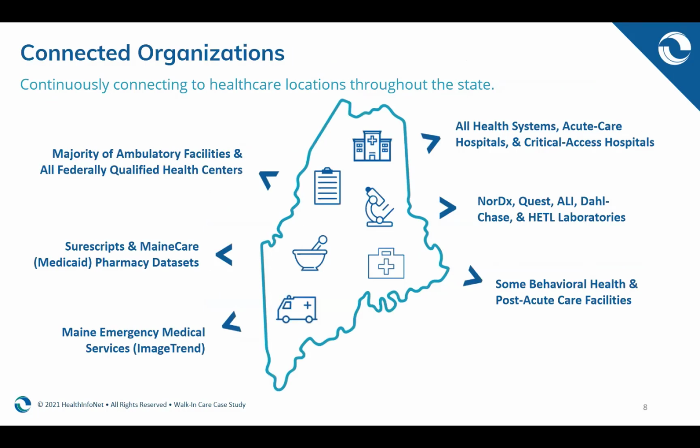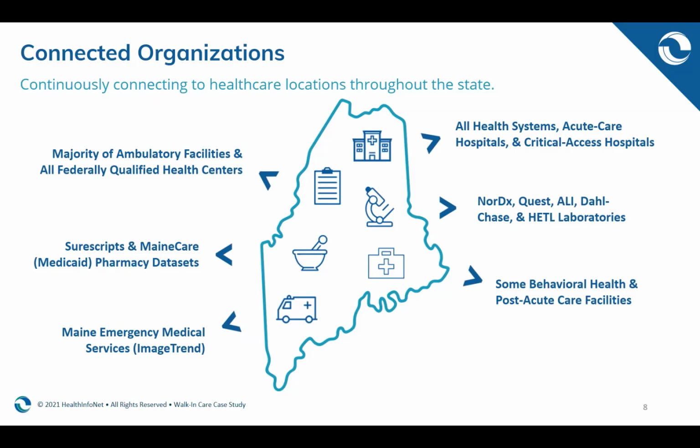We wanted to share with you who the Health Exchange is connected to. These are the connected organizations in Maine, and they include all the healthcare systems, acute care hospitals and critical access hospitals, a majority of the ambulatory facilities, and all federally qualified health centers, or FQHCs, laboratories such as Nordex, Quest, Dolle Chase, and others, SureScripts and MaineCare pharmacy data sets, some behavioral health and post-acute facilities, and also Maine Emergency Medical Services.